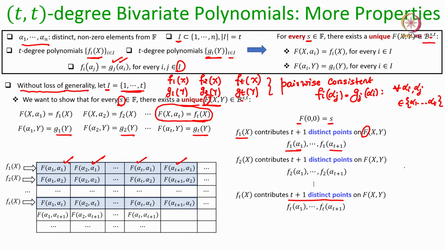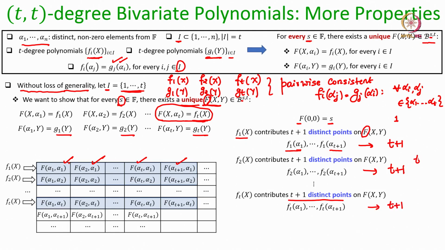So, what is the summary? Till now, how many points have we fixed? The constant fixes 1 point, through f sub 1 x we have fixed t plus 1 points, through f sub 2 x we have fixed t plus 1 points, and through the tth x polynomial we have fixed t plus 1 points.